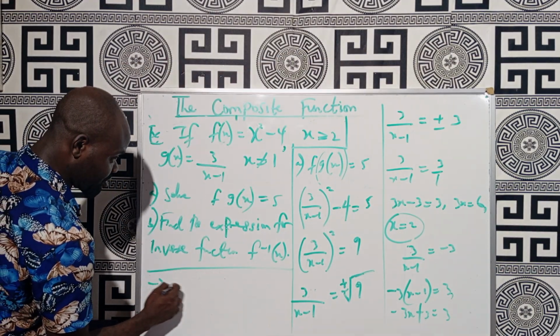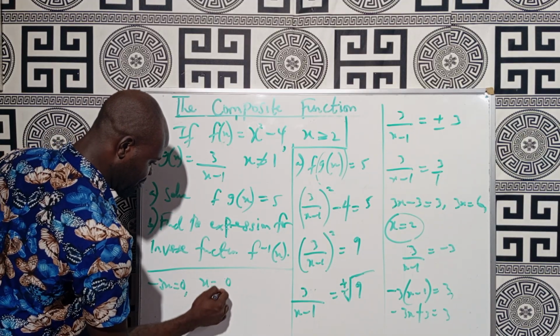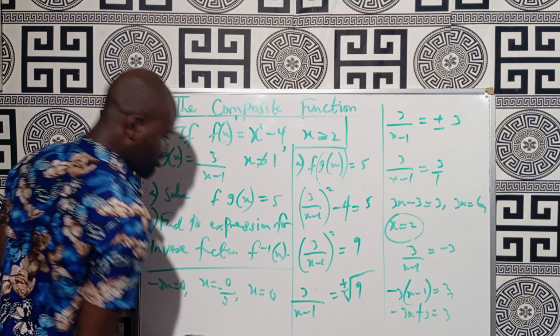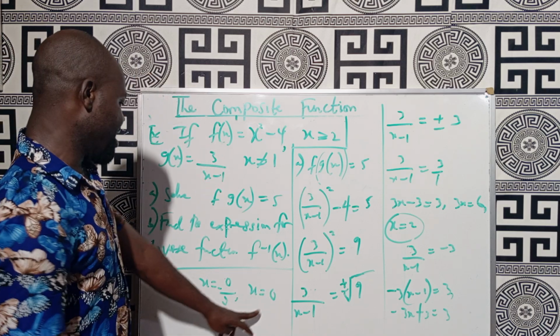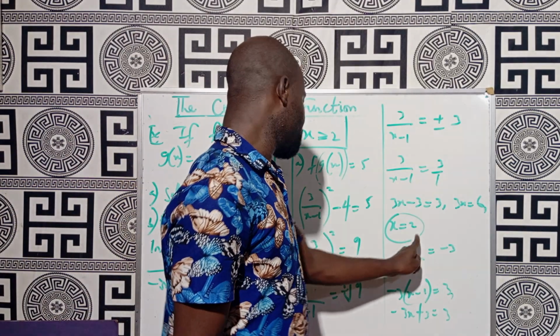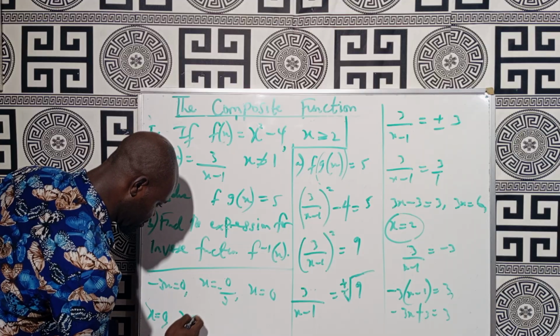Minus 3x equals 3 minus 3, which is 0. So x equals 0 over minus 3, and x equals 0. That means my answer is either x equals 0 or x equals 2.